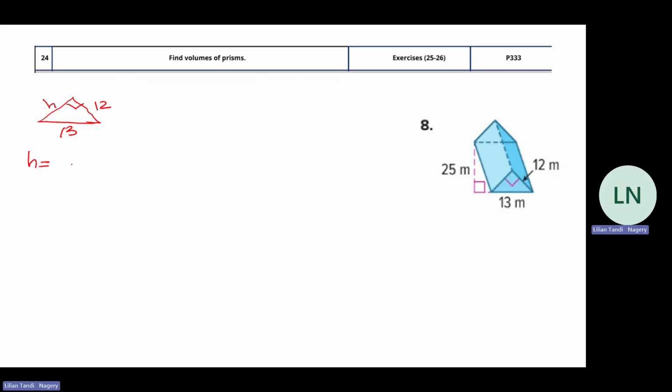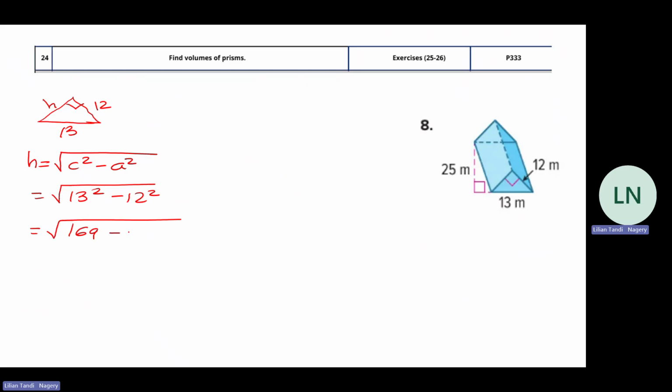So height will be square root of c squared minus a squared, which will give me 13 squared minus 12 squared, which will give me 169 minus 144, which will give me square root of 25, which will give me 5.